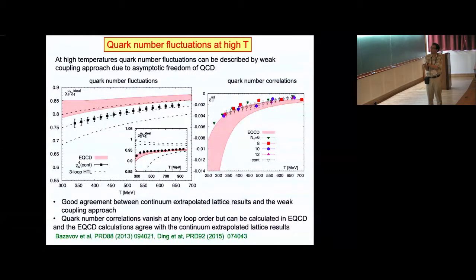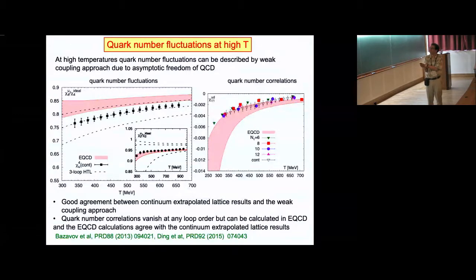And now we compare again with the decoupling calculation, namely the 3-loop hard thermal loop calculation, shown by the dashed line, and the EQCD calculation shown by the red band. What I show here is the fourth order u-quark fluctuation divided by the ideal gas value, and the second order u-quark number fluctuation divided by the ideal gas value in this inset.